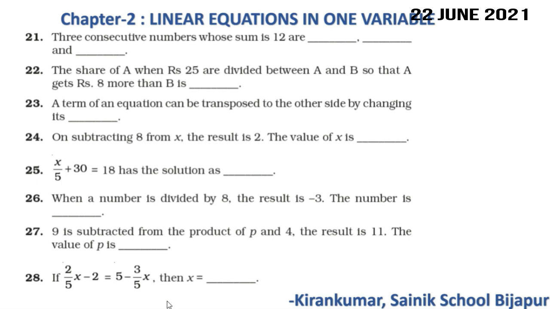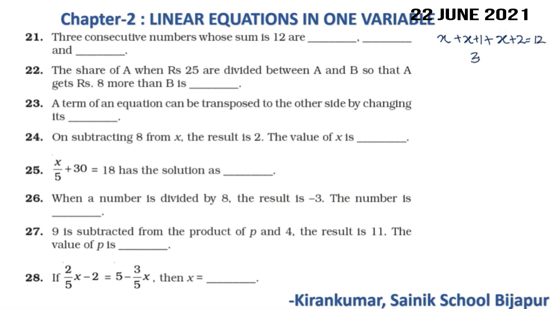The 21st question is, three consecutive numbers whose sum is 12 are. We need to consider x as the first term, then the next consecutive number will be x plus 1 and the next will be x plus 2. According to the question, their sum is 12.